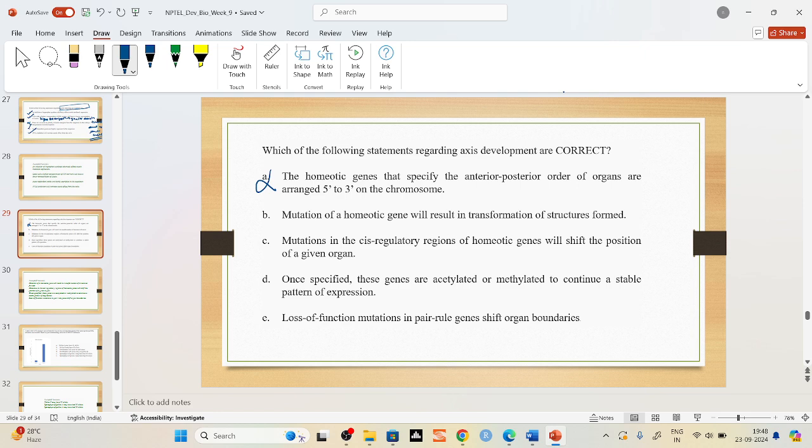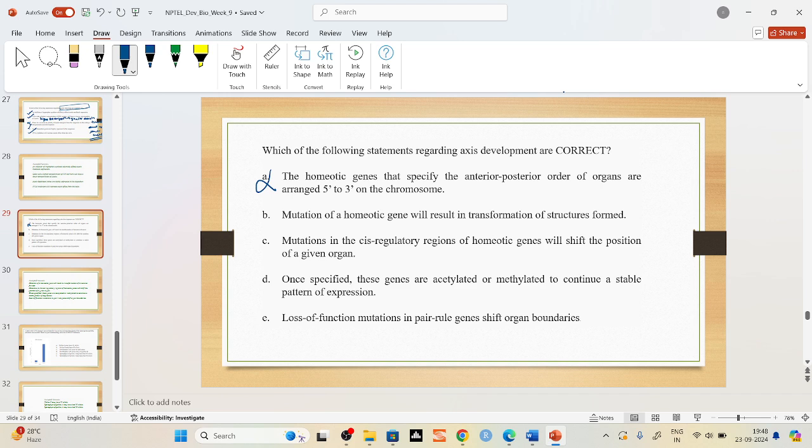Okay. See, homeotic genes are regulatory genes which control the development of anatomical structures in animals, and also in plants they are present. So basically, if there is any kind of mutation in homeotic genes, it can lead to homeotic malformations or homeotic transformations. What kind of transformations?